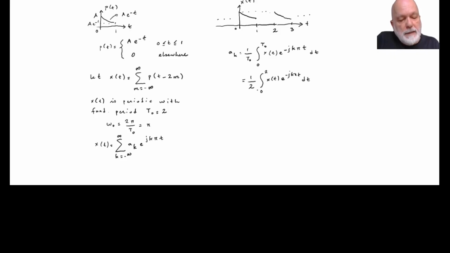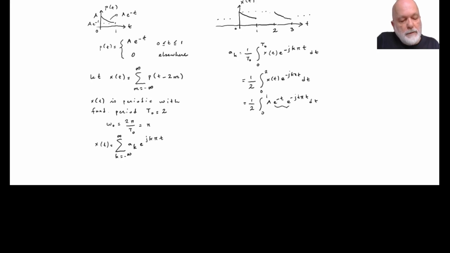Okay, but over the period from 0 to 1, x of t is equal to a e to minus t. From 1 to 2, it is equal to 0. Therefore, we only integrate from 0 to 1, a e to minus t times e to minus j k pi t, integrated with respect to t.